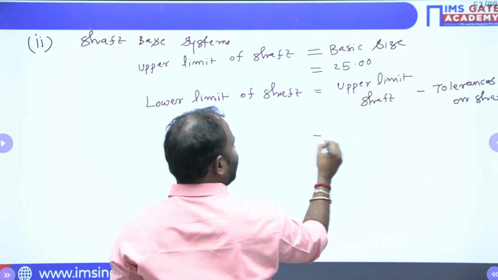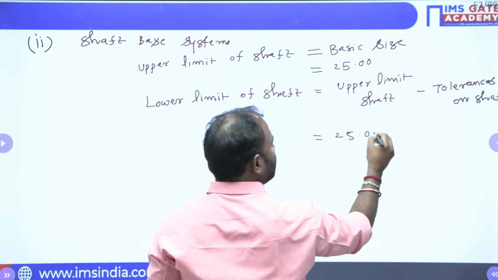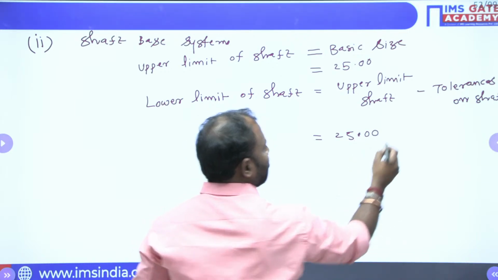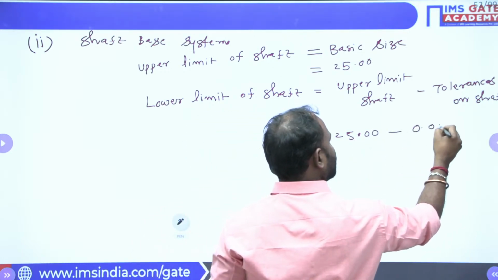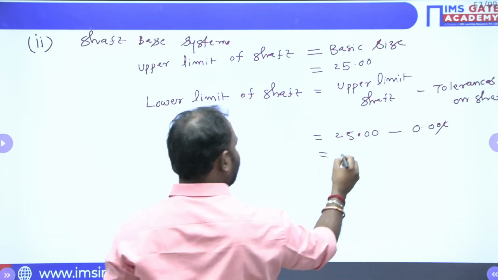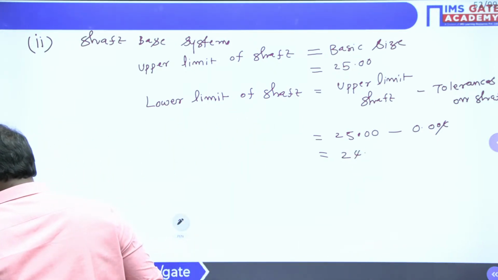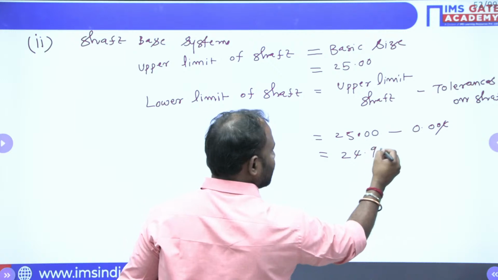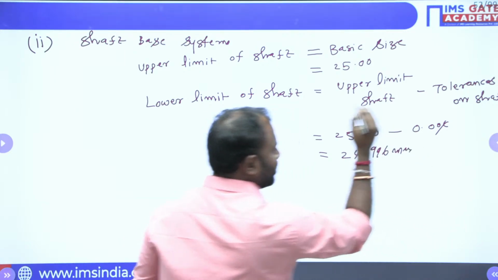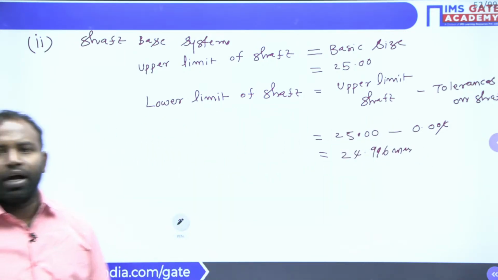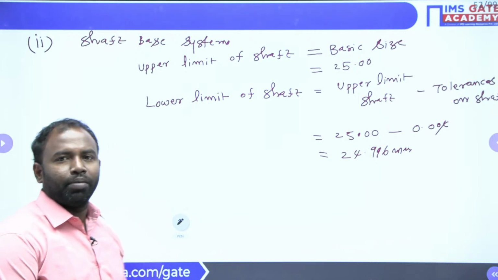Yes, guys. Upper limit is 25.00, minus tolerance 0.004. From there, I am going to get 24.996 mm. Clear, everybody, guys? Okay, right.